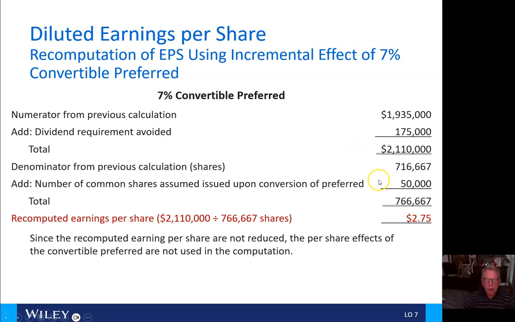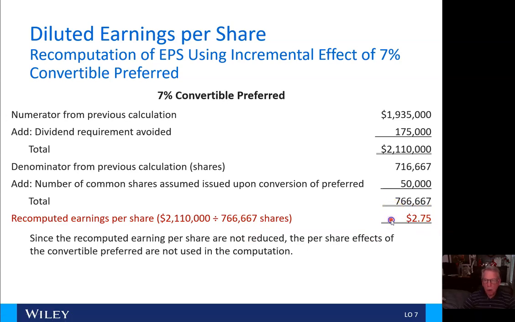Okay. No tax implications there. And the denominator from the previous calculation, we'll add another 50,000 on top of that. And that gives us 766,667 total. So we divide the $2,110,000 by the 766,667 shares.